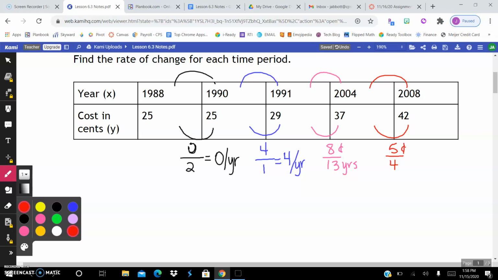So that one is 5 cents every 4 years. And we can divide them out. 5 over 4 would be 1 1/4, which is 1.25. So this one changed $1.25 per year. And then this one we could do 8 divided by 13, which comes out to be about 62 cents. So this one is about 62 cents per year.